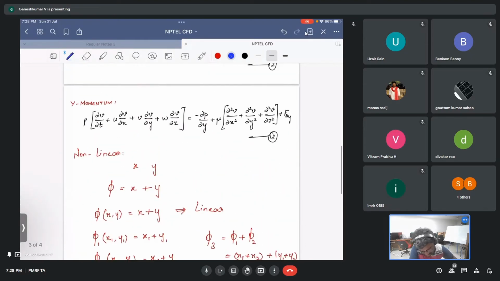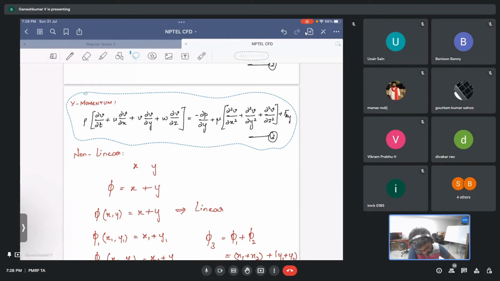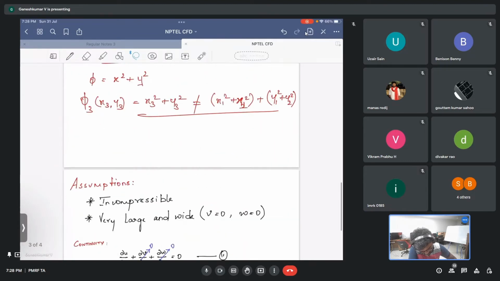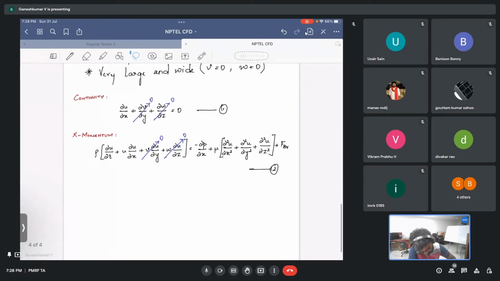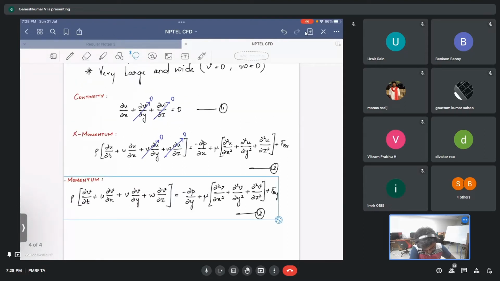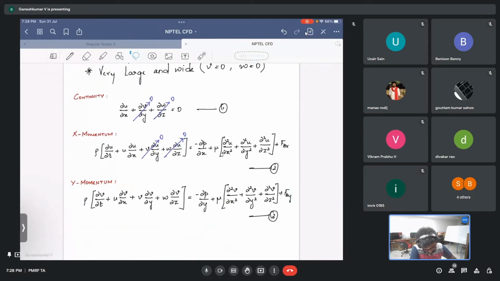In the y momentum equation, can anyone say what terms would go to 0? I'm just making v to be 0.